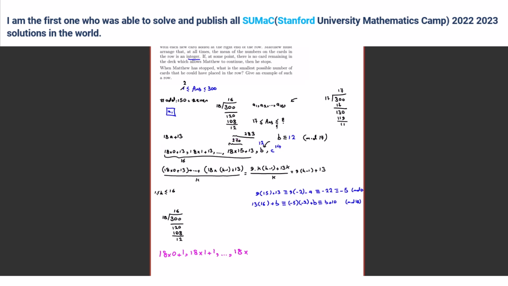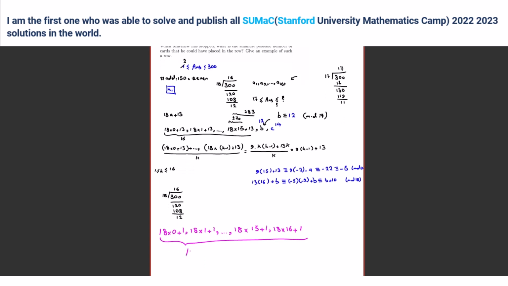So if you consider 18 times 15 plus 1, next one 18 times 16 plus 1, right? And now do you agree all these numbers satisfy, for example, up to kth value, the remainder, the mean is integer, like this approach, right? Yeah. And here, how many numbers are there?